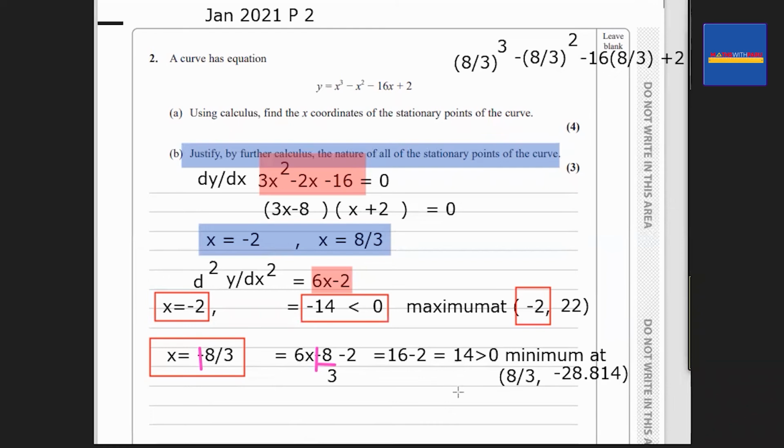Now we know that when the second differentiation is positive, it is a minimum. Hence, we are able to establish that at x equals minus 2, we get a maximum, and at x equals 8 over 3, we get a minimum.